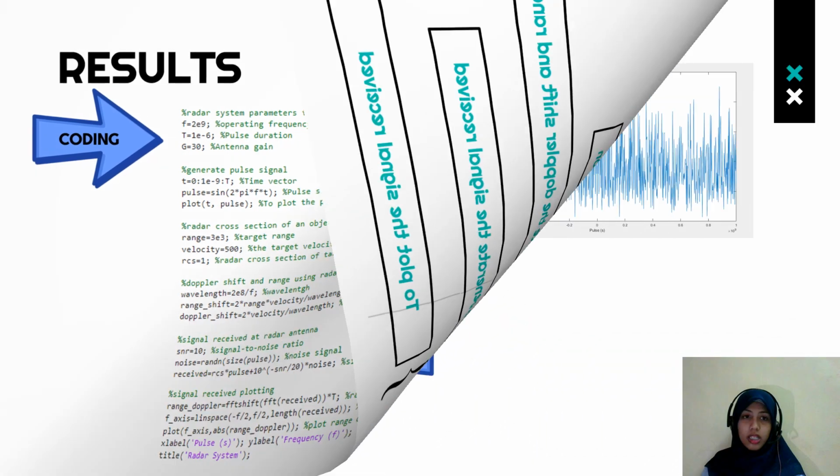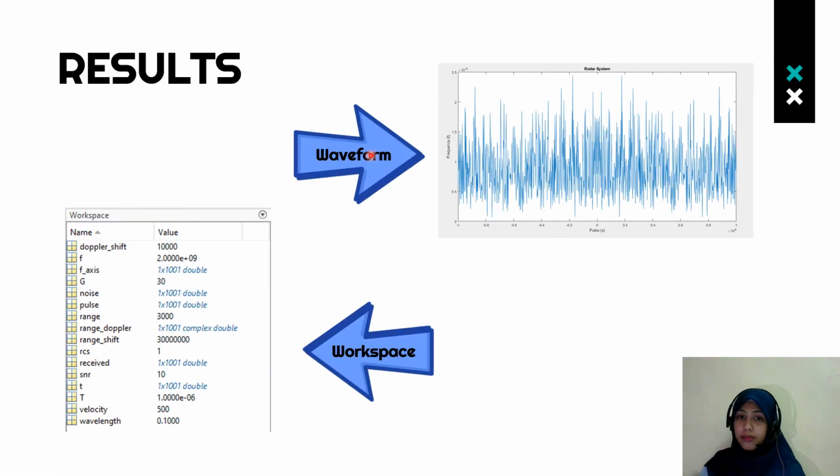So the next one is the waveform and the workspace. As you can see, when we run the code in MATLAB, we can see this output waveform for the radar system, and this is the output for the workspace.